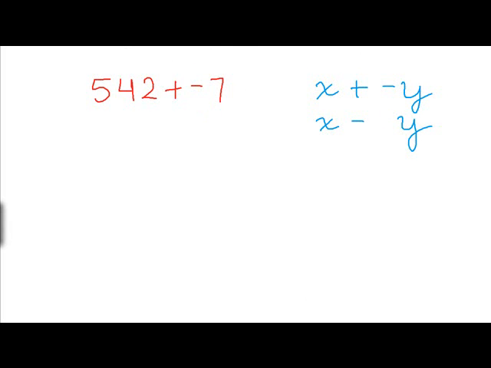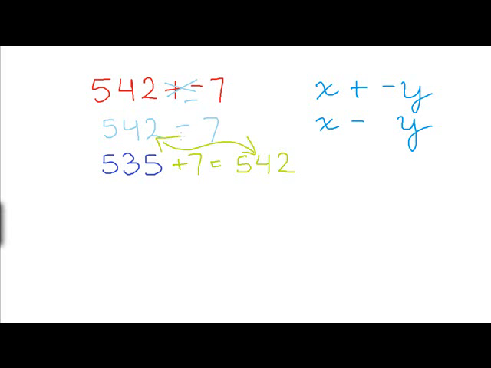Okay? So this would be, cross this out and then just have 542 minus 7 would be 535. And the way you would check that is 535 plus 7 is 542. So, yes. That's right.